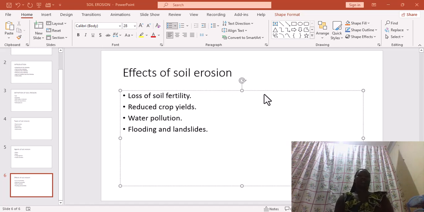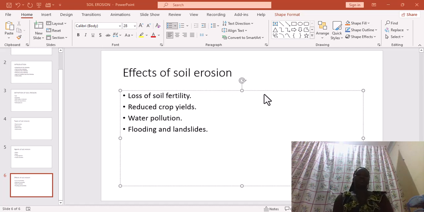The essential nutrients for plant growth are found mostly in topsoil, so if the topsoil has been washed away by running water, the essential nutrients for plant growth will also reduce, and so the fertility of the soil and agricultural productivity will also reduce, since the topsoil has been removed by runoff water.